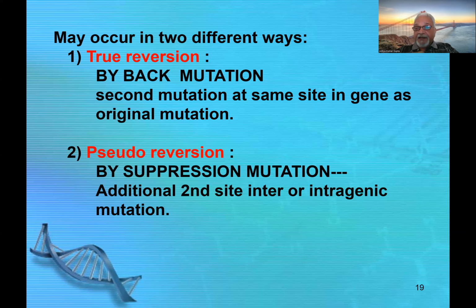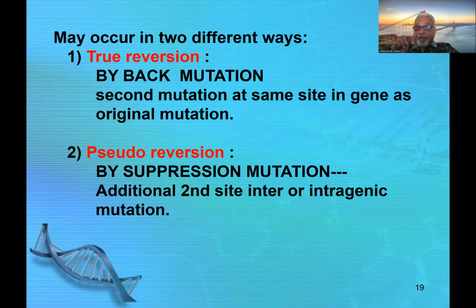But before that, another aspect of reversion is that reversions are indicative of the kind of first mutation that has happened. As I told you, based on the changes taking place at the gene sequence level, it can be a point mutation, an insertion, a deletion, and if it involves two nucleotides, a double mutation.